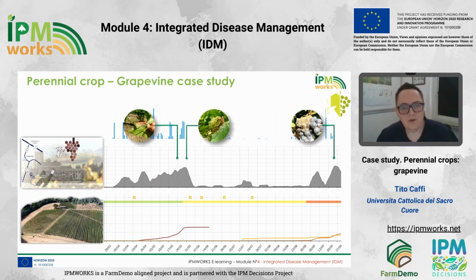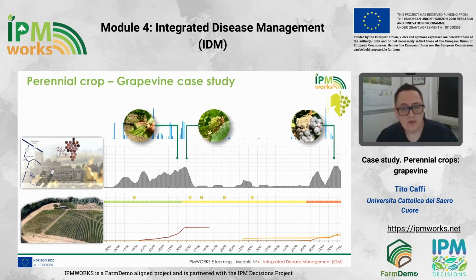And going on with the season, if we have a risk, and here we are at the end of August, beginning of September, there is an increase of rainfall and the temperature is dropping down, so there are very good conditions for the pathogen to spread.